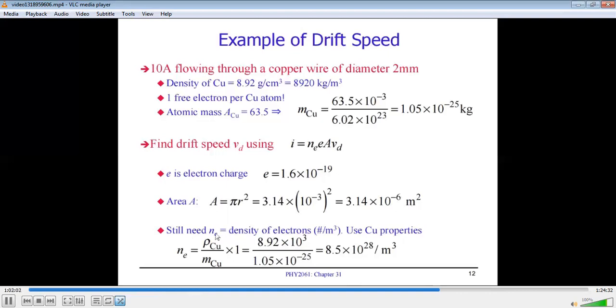Still need n, the density of electrons in per meter cube. So using copper properties, what is n? It comes from the specific resistance rho and the density of copper, and the mass, which can be calculated as 8.5 into 10 to the power 28 per meter cube.